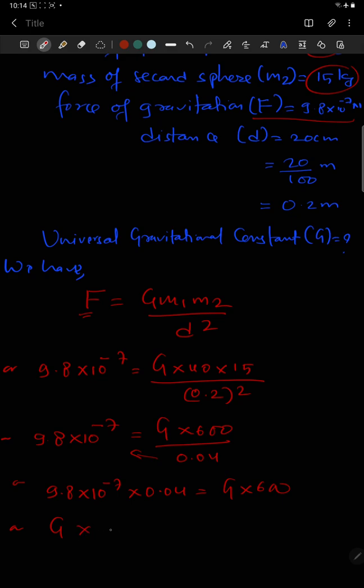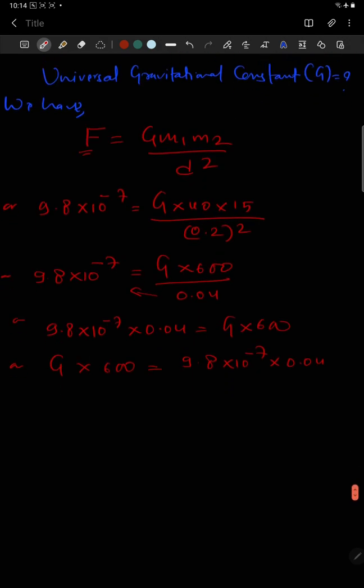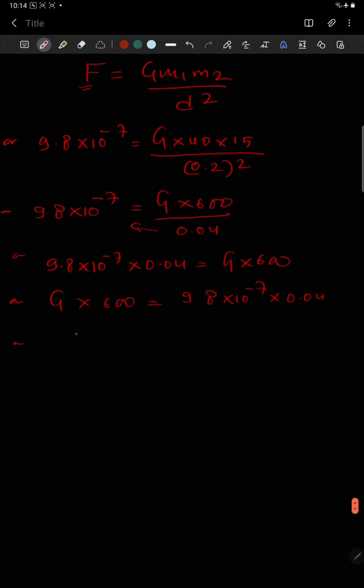G times 600 equals 9.8 into 10 to the power minus 7 into 0.04, or G equals 9.8 into 10 to the power minus 7 into 0.04, and if we take 600 to the other side, it will divide, so by 600.